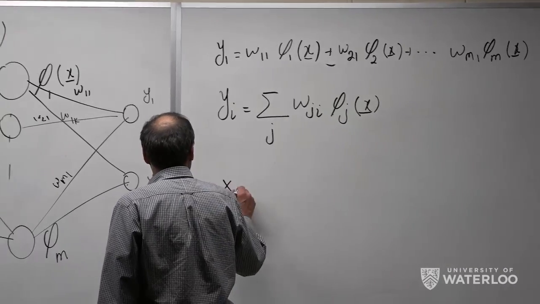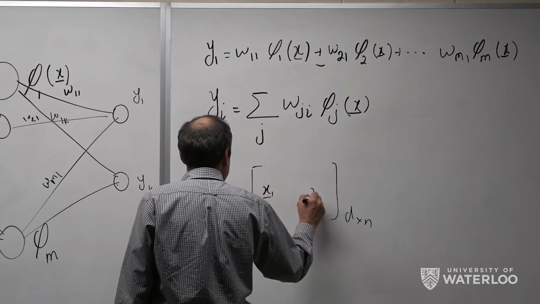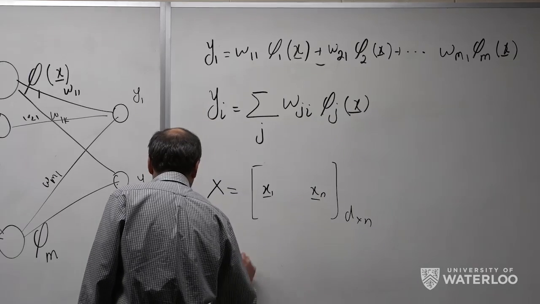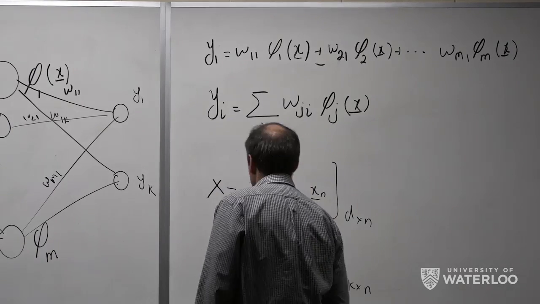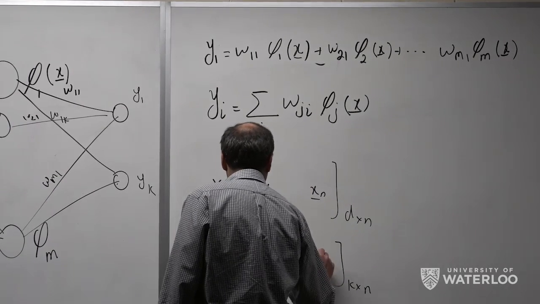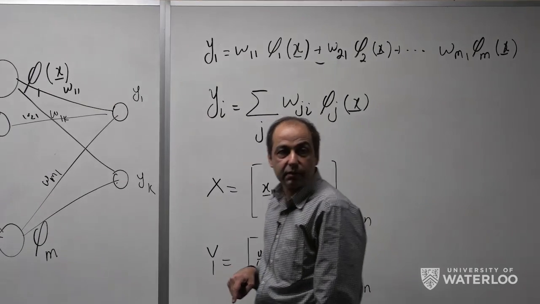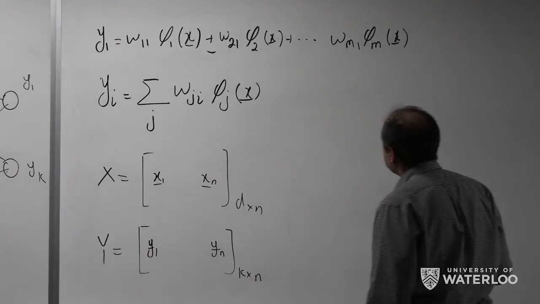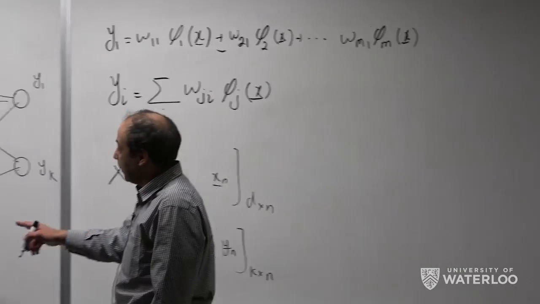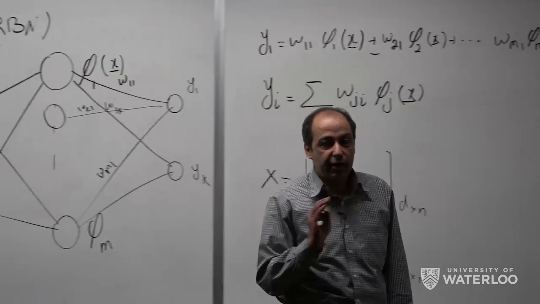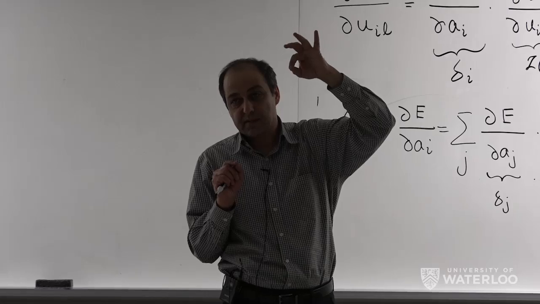So I have X, which is d by n as usual, x1 to xn, and I have Y, which is k by n, y1 to yn, each of them k-dimensional. I have m phi's, and each of these is applied to x, and I have n x's.